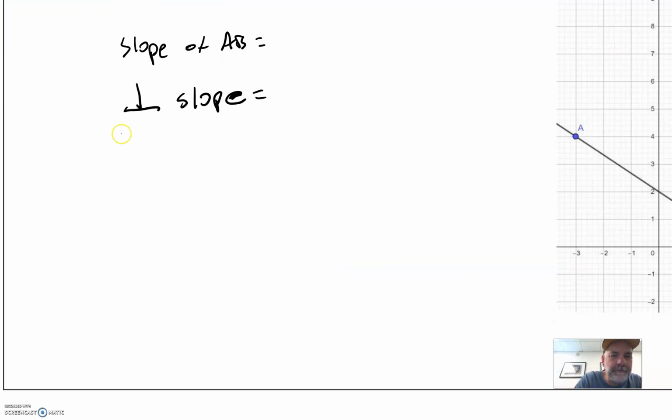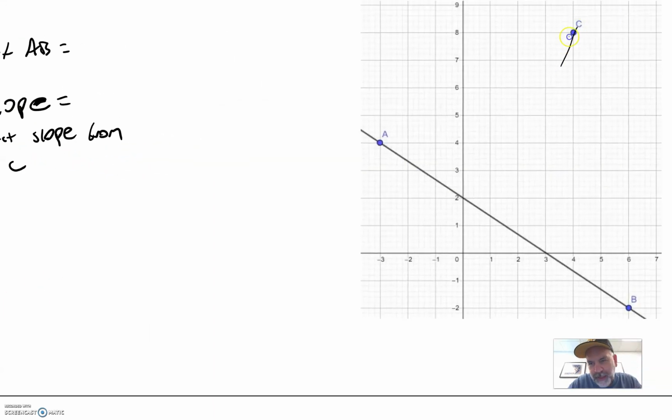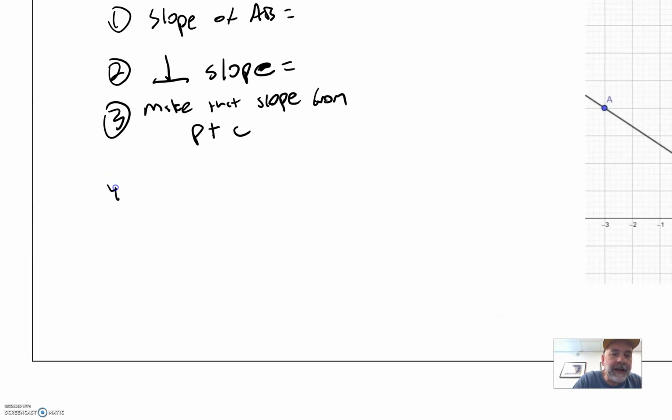And then make that slope from point C. You don't have to write a number here, but draw whatever that slope is. I don't know what it is right now, but draw that slope so that you can see where it hits, and then find the distance between the 2 points.